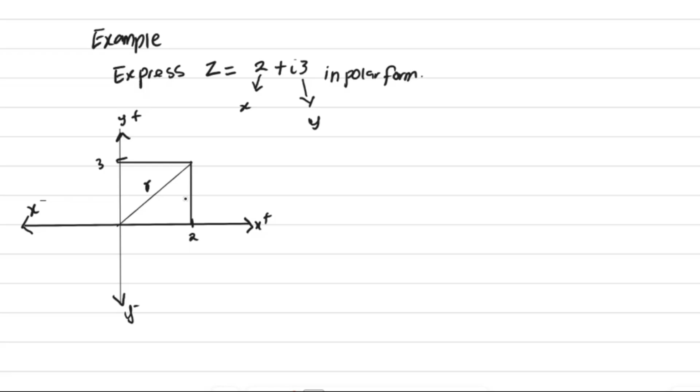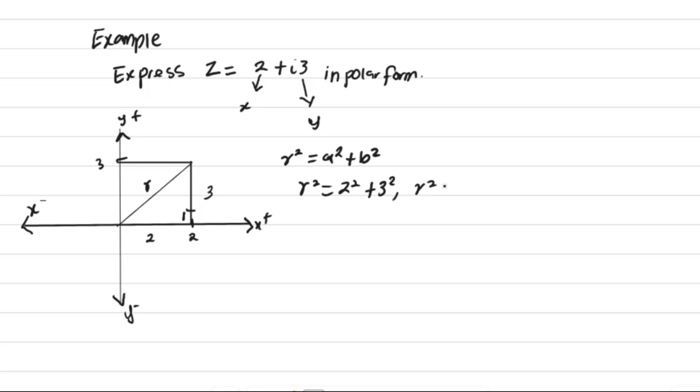Now don't forget, this is our 90 degree. From here to here is 3. From here to here is 2. So it means that from the formula that we have derived already, r square is equal to a square plus b square. Our r square here is going to give us 2 square plus 3 square.